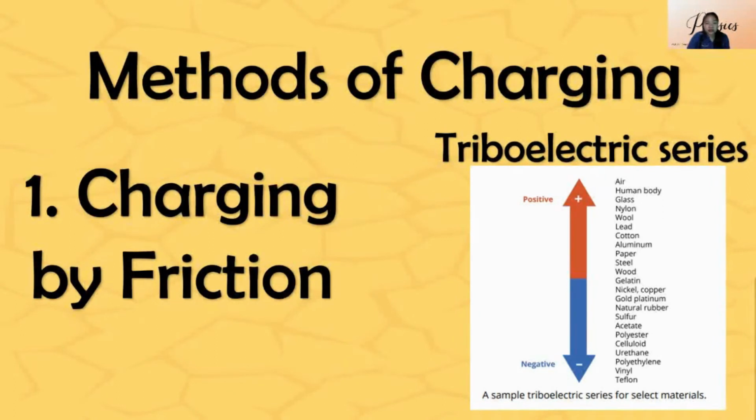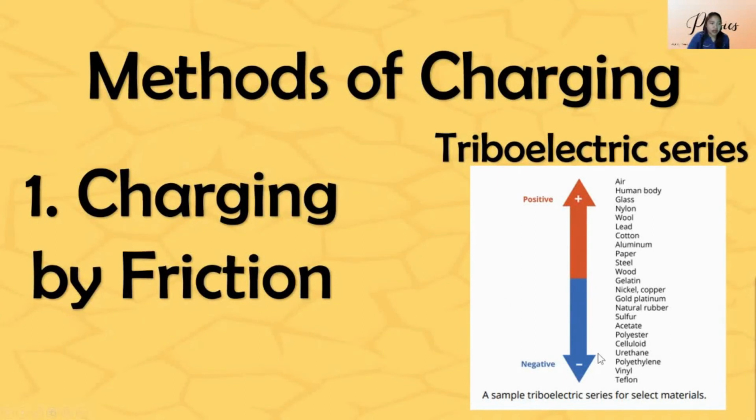So it's related to the electronegativity of an atom, wherein it shows us here the rank of sample materials based on their electron affinity. When we say electron affinity, that is the tendency of an atom to gain or to lose electrons.